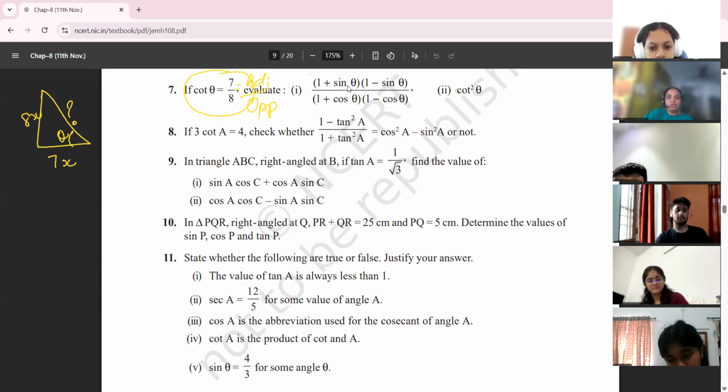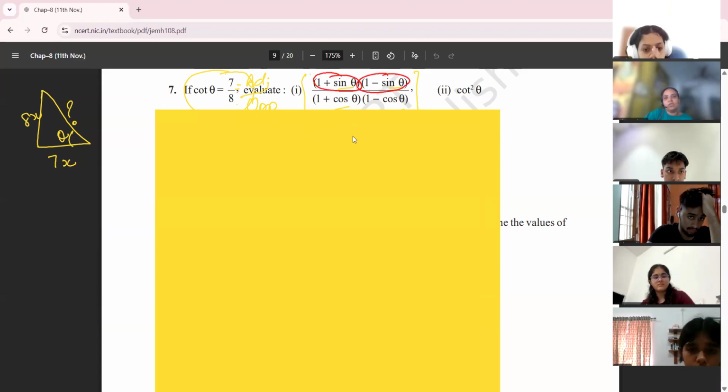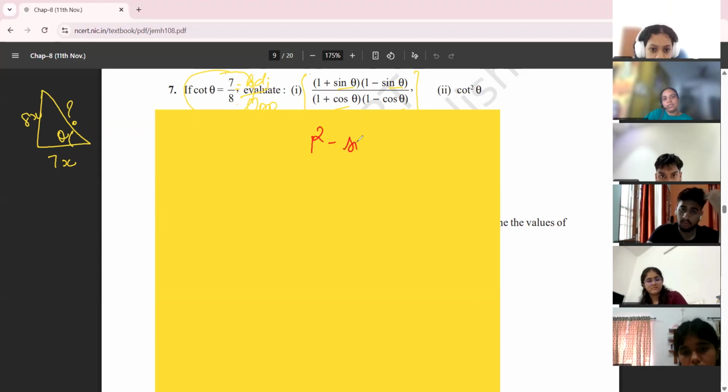And then find out sine and cos values and put them into this formula. But before putting it into this formula, we can make it one step easier. How? In the numerator, it is 1 plus sine theta and 1 minus sine theta, which means 1 square minus sine square theta. I can use here A square minus B square.